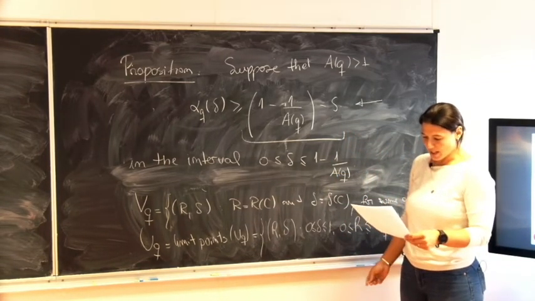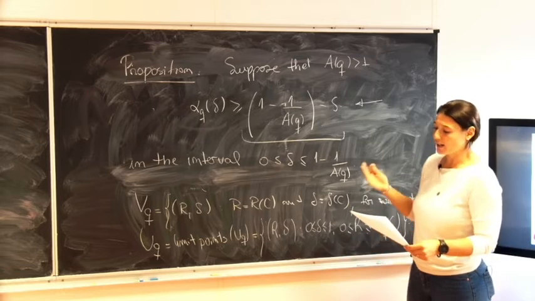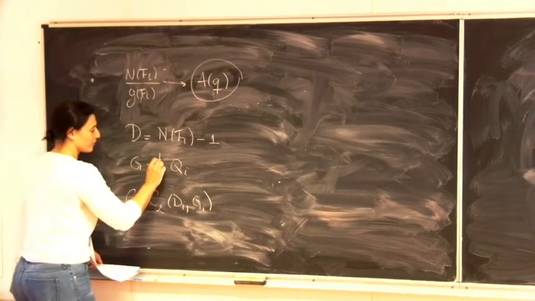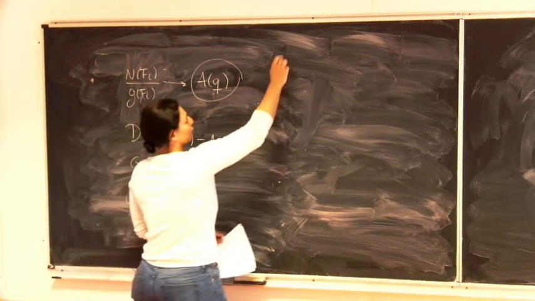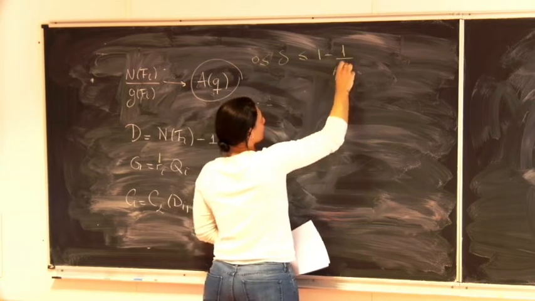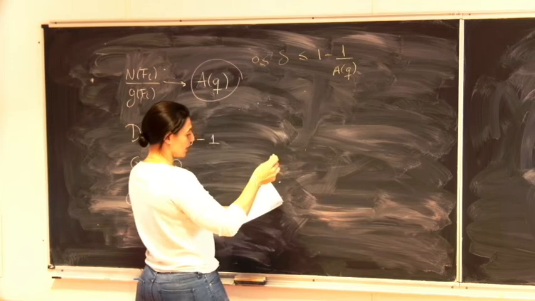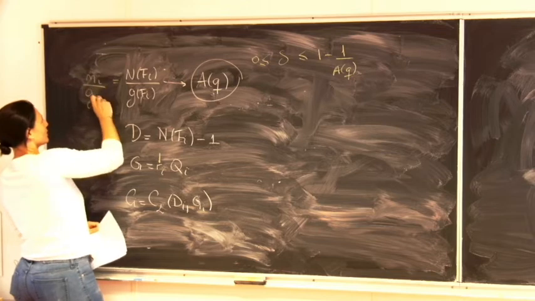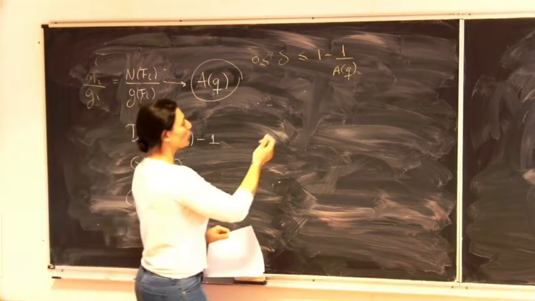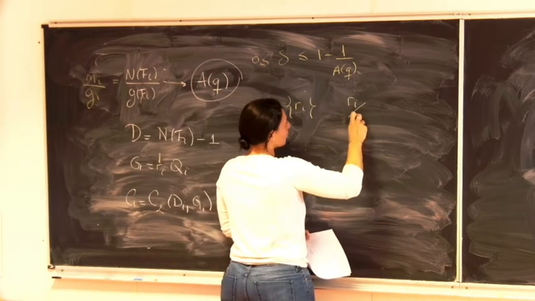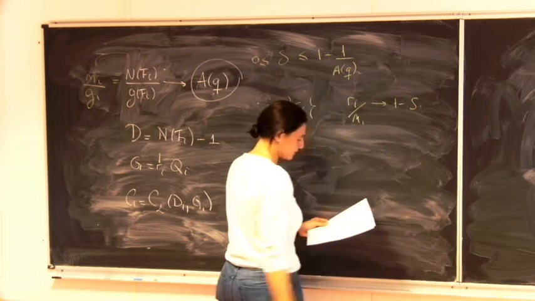Actually, what we are going to get is that if we choose these elements here such that if we pick an element delta between 0 and 1 minus 1 over A of Q, and we have this Ni over Gi tends to A of Q, and we pick a sequence Ri such that Ri over Ni tends to 1 minus delta.